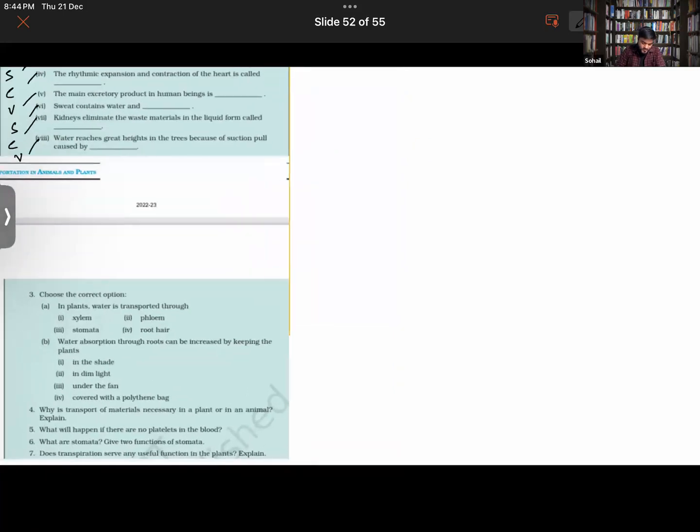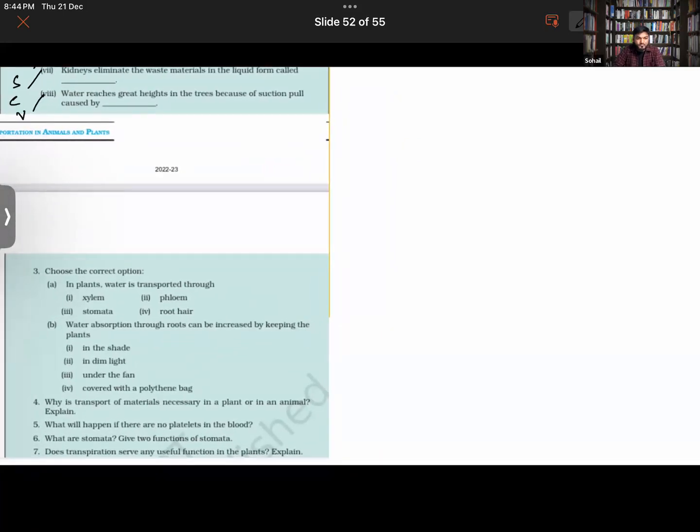Okay. Question number 3. In plants, water is transported through. Let me assign here as well. First one Vaiga, then Sundus, Chakrika, then again Vaiga, Sundus, and then Chakrika. Okay, start answering. Yes, sir, Vaiga. Which one?